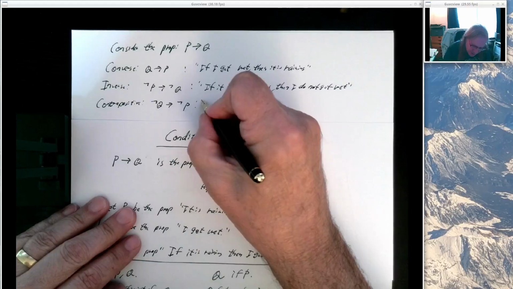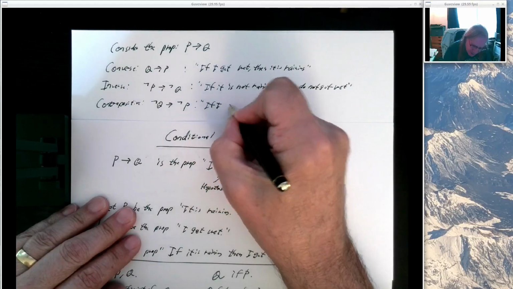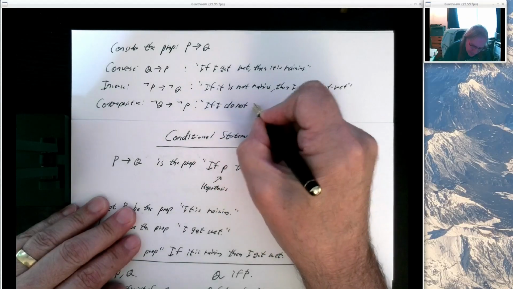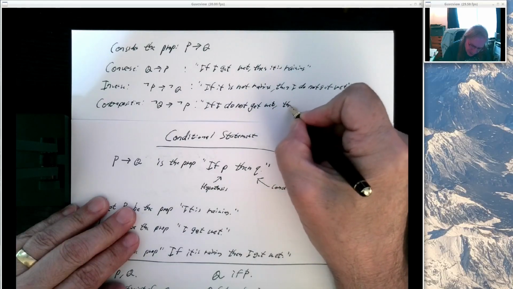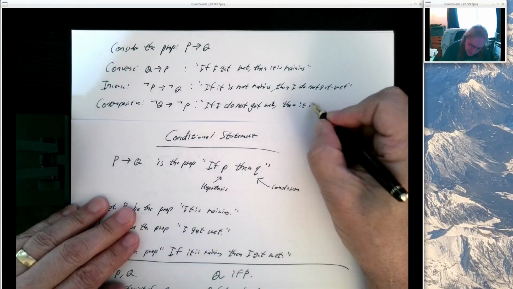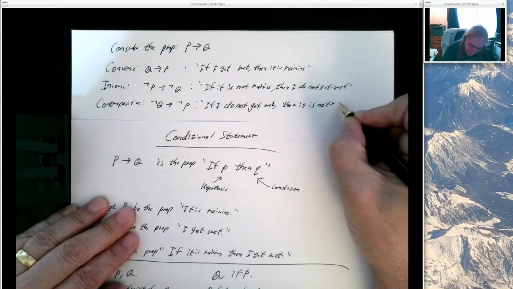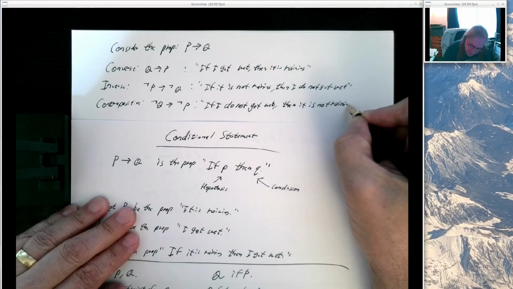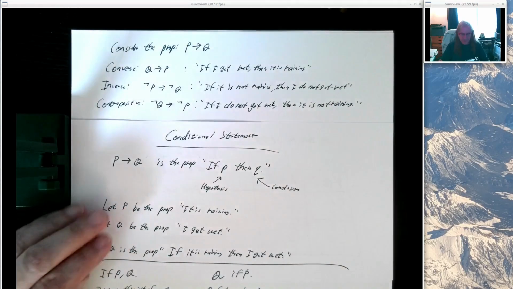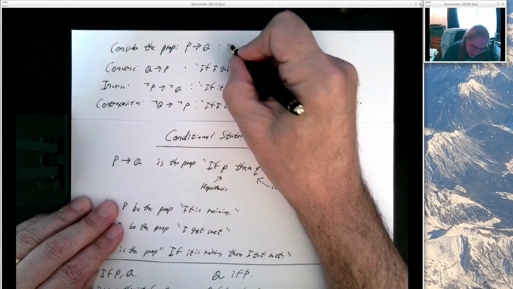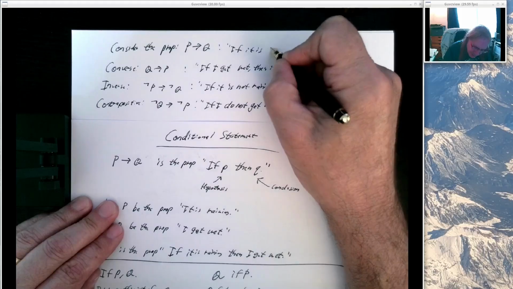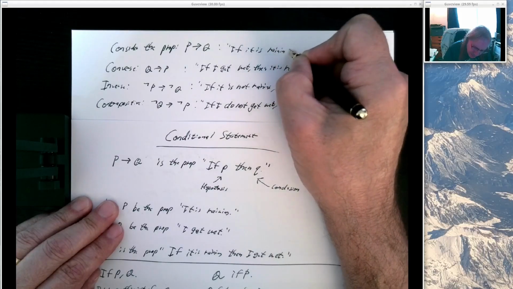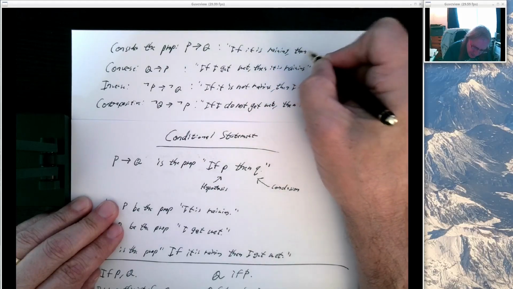And the contrapositive says if I do not get wet, then it is not raining. And I'll put the original down here. If it is raining, then I get wet.